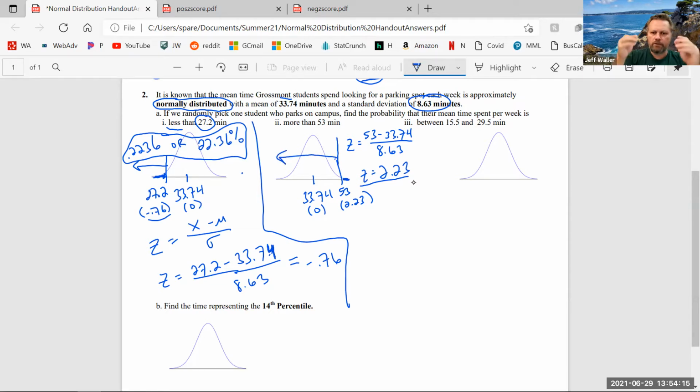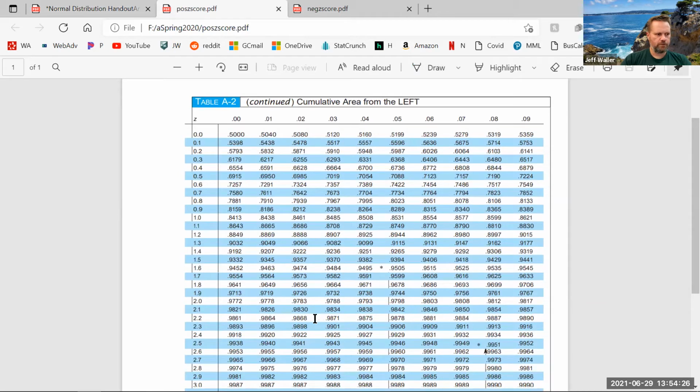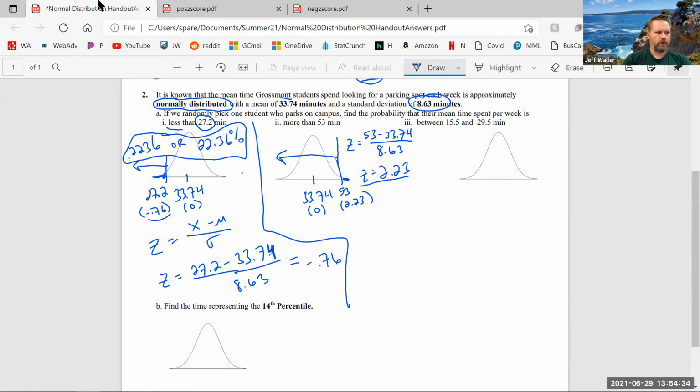You only have to do 1 minus if you want to know greater than, because the chart gives me less than. That's all. So if I look up 2.23, well, I kind of gave it away here. I got 0.9871, right? The minute that you look something up in the chart, you write it right there. And then I go, is that the number again?